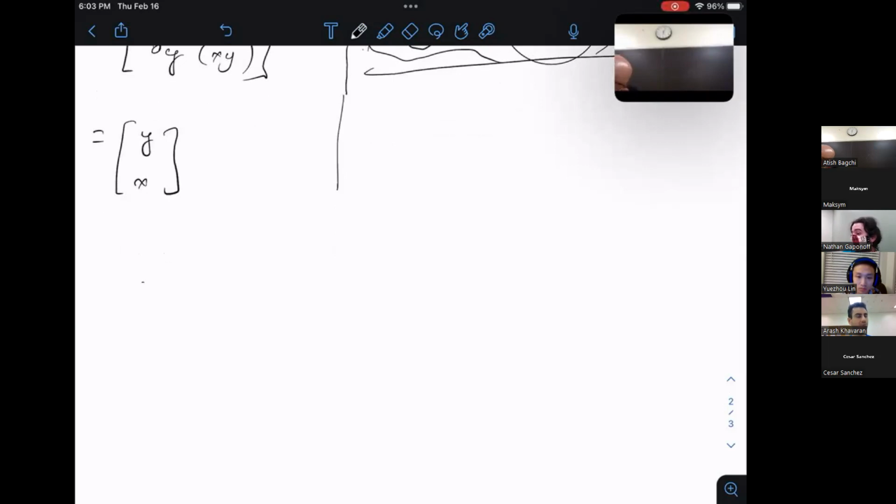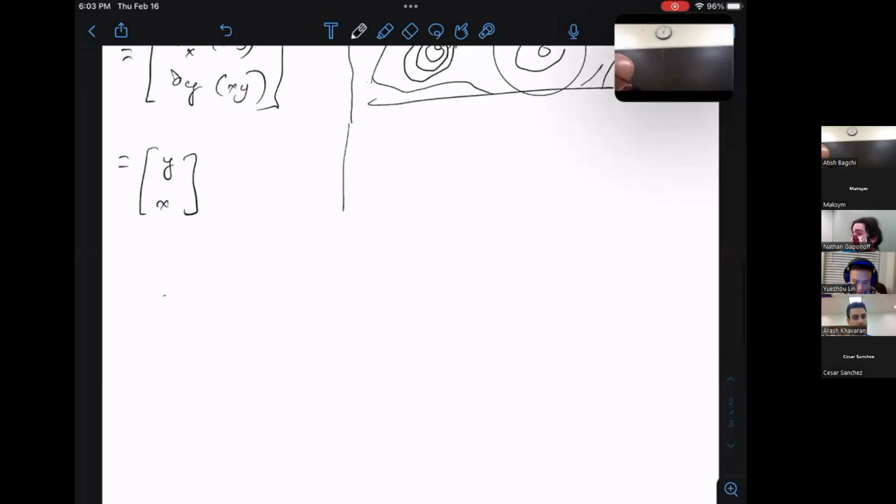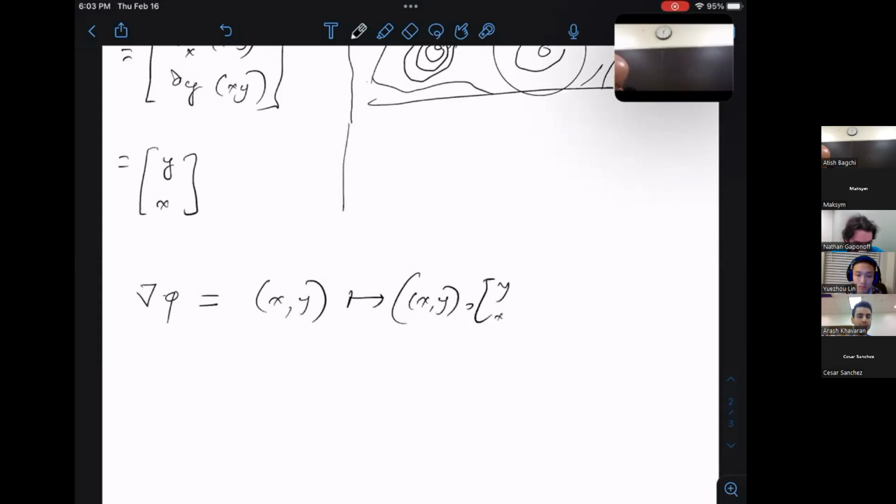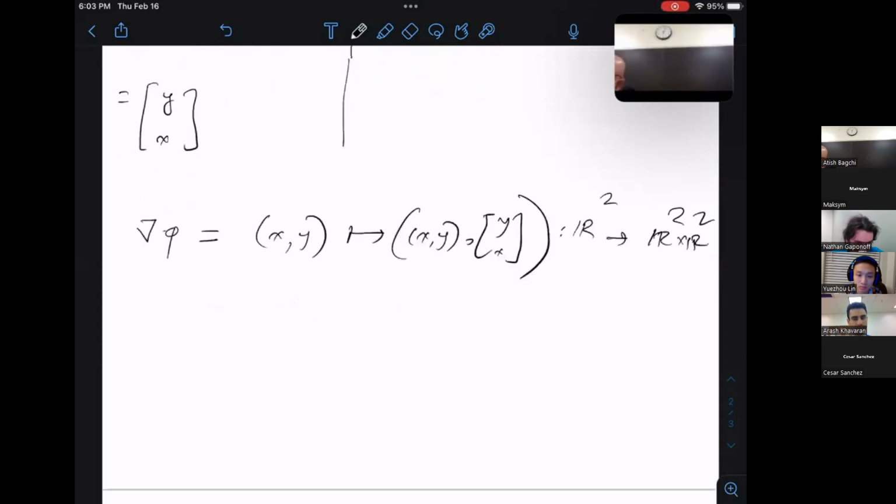I say in the notes that this should really be written as gradient phi is a vector field, xy going to xy comma yx, from R2 to R2 cross R2. But this last step is not needed for the exam. You just stop after calculating the vector. We understand that it is attached to a particular point.